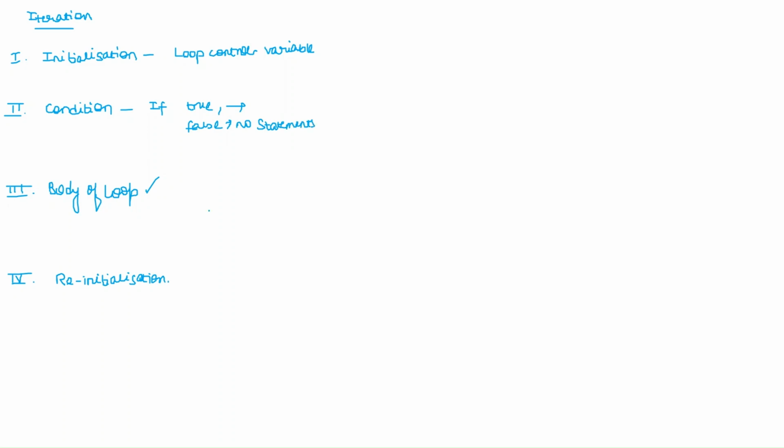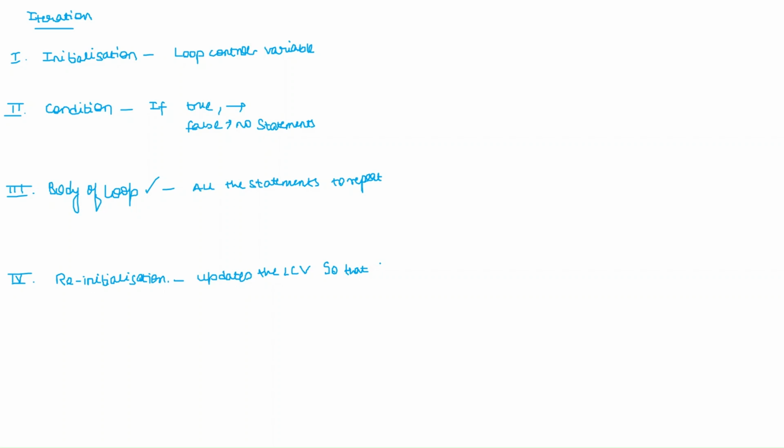The body of the loop contains all those statements that we need to repeat. And the reinitialization updates the value of the loop control variable, also known as LCV, so that conditions can be evaluated again to check if they are satisfied, and if they are, the body of the loop gets executed once again.